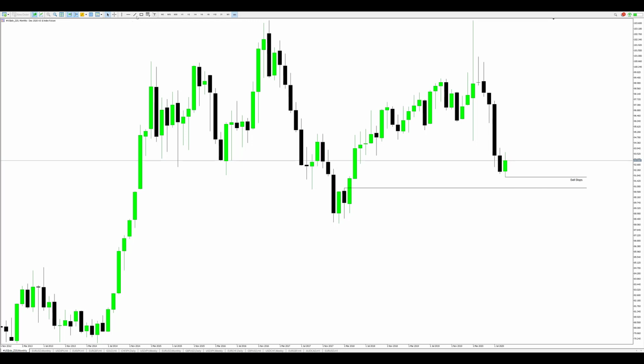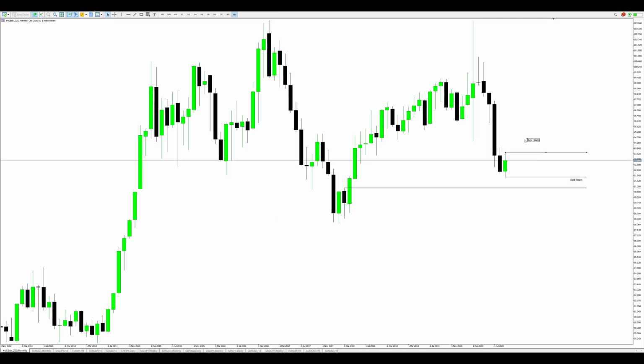And above every higher low, lower high, right? We've got buy side liquidity, right? Buy side liquidity in the form of what? Buy stops, right?